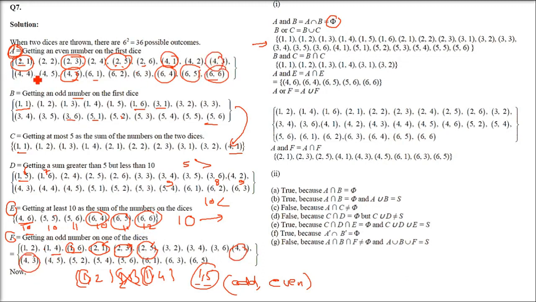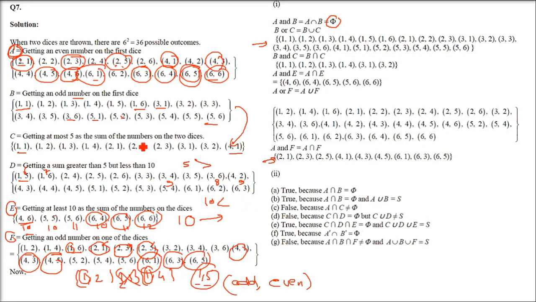Then 4, 5 is also there. Then 6, 1 is also there. Then 6, 3 is also common. And finally 6, 5 is also common. So this is the intersection of A and F.